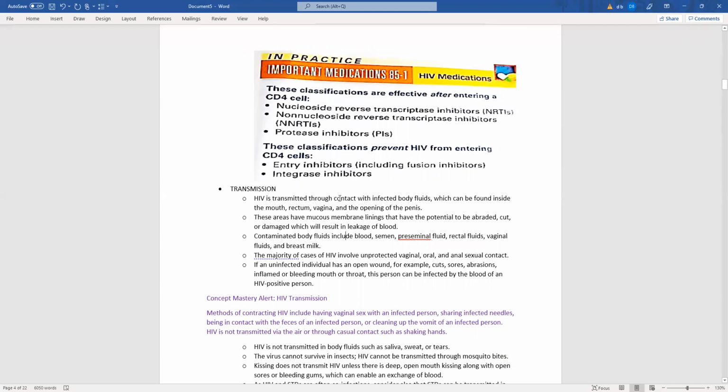HIV is transmitted through contact with infected body fluids, which can be found inside the mouth, rectum, vagina, and opening of the penis.